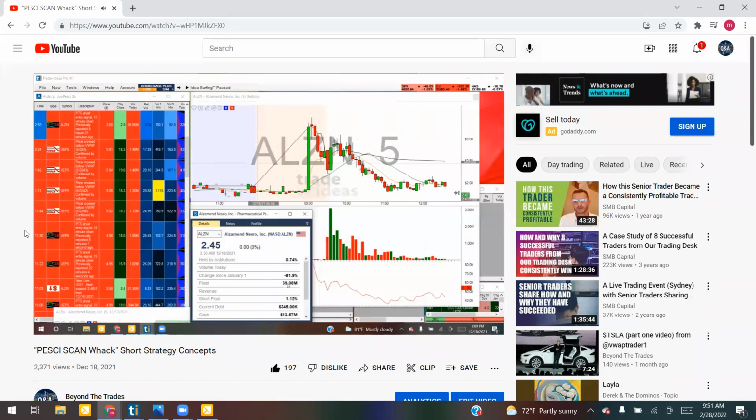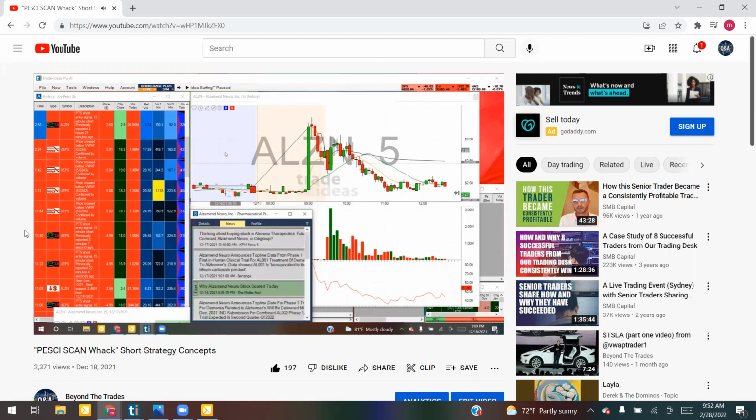Because it doesn't take much to move the price, especially if we're looking at pre-market or even early after the open. Pre-market, early open, low float stocks can pop up and down rather quickly, and it really doesn't give us an edge or an opportunity to play this. So we see that it's above 20 million, and we like that. Now let's see what the news is.